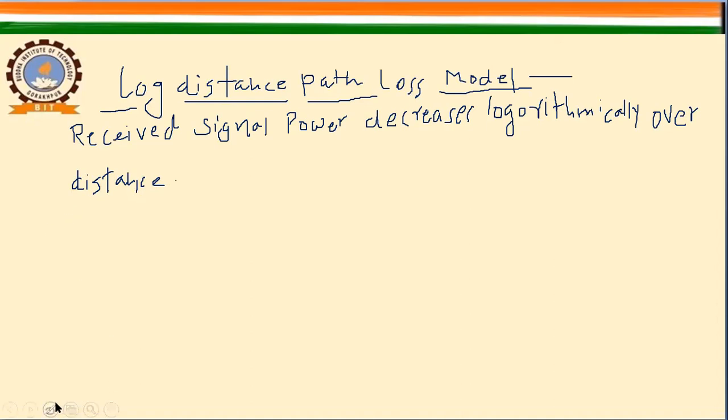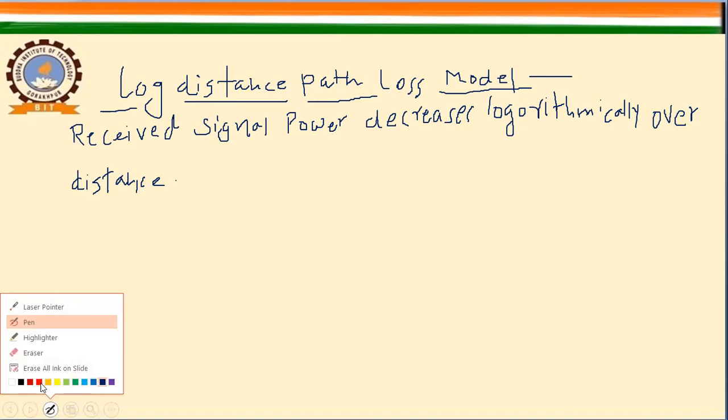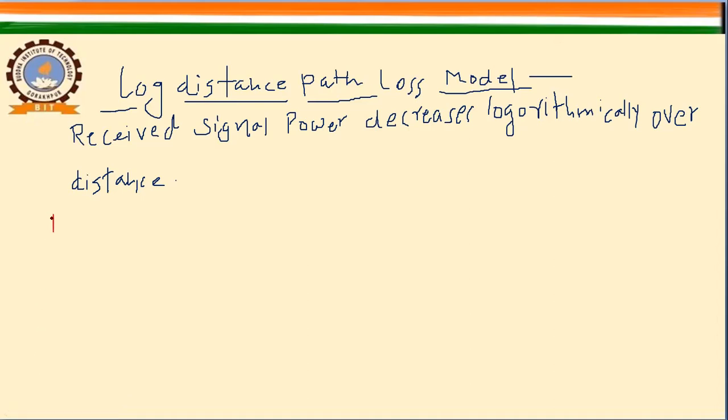So it is given by path loss PL in decibel dB is equal to 10 log of transmit power to the received power, that is equal to minus 10 log.